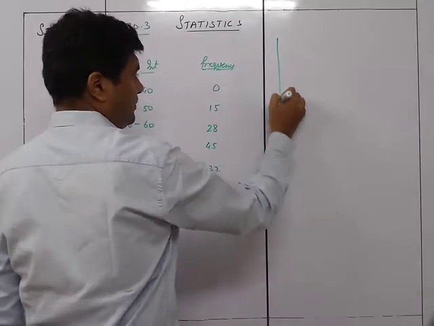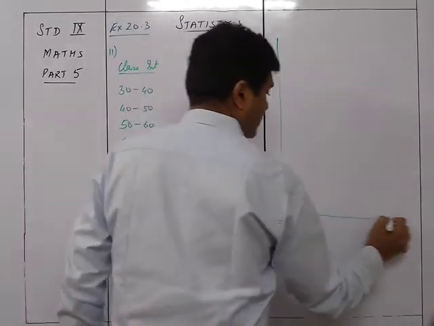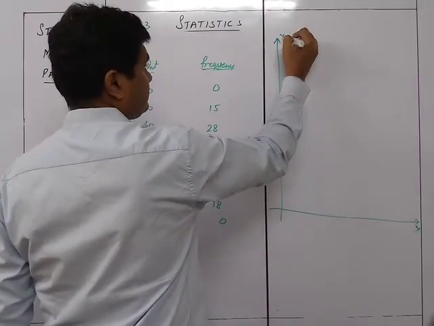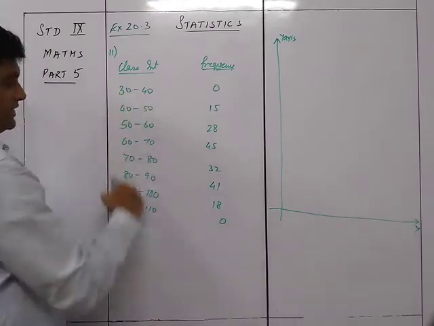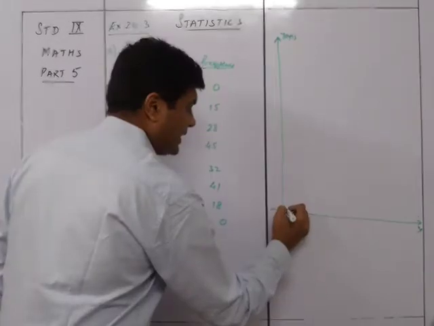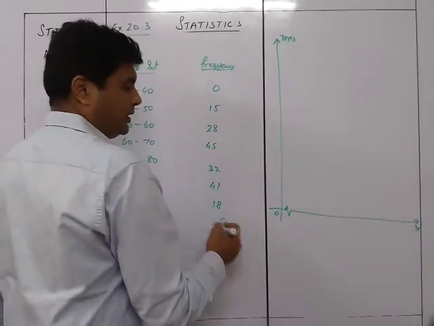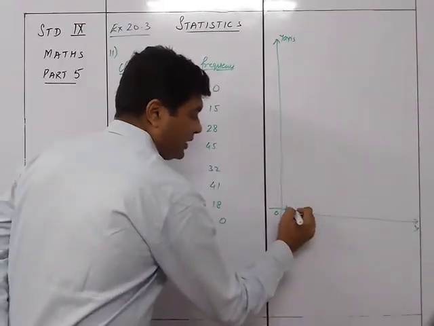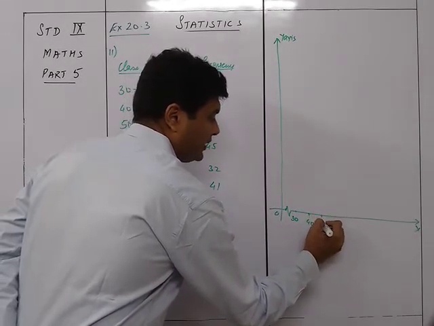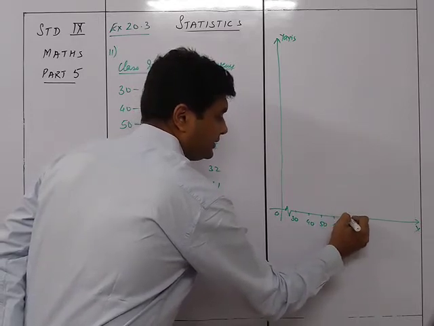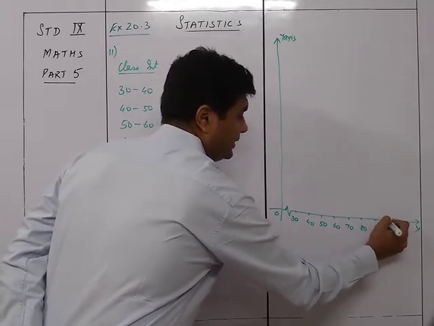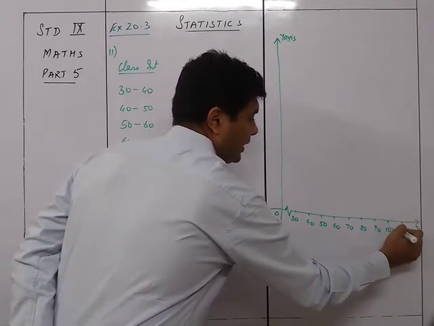So for this I am going to draw this line as the x-axis and the y-axis. On this I am going to take this point. So when it starts from 30, I'll take a kink over here so that I am not wasting my page. And from here I start 30, 40, 50, 60, 70, 80, 90, 100, 110.